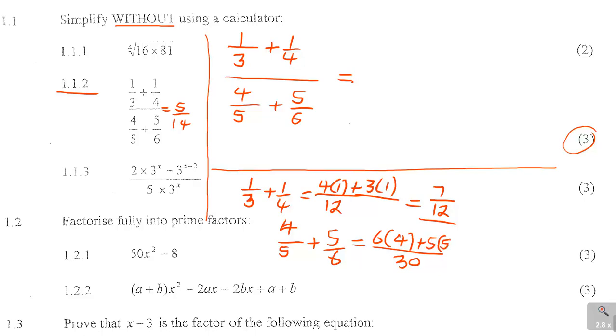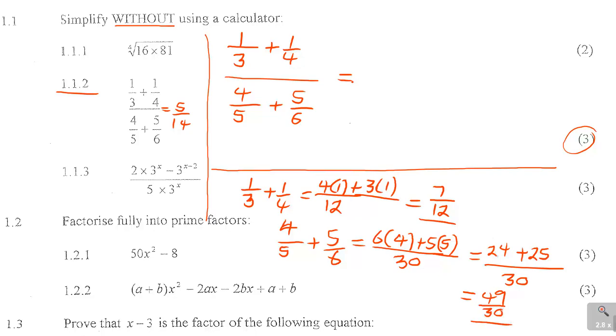You multiply by the top number, which is 5, and then equal to 6 times 4, which is 24, plus 25, which is 5 times 5, over 30. You see, I'm trying to avoid the calculator as much as possible. 24 plus 25 is 49 over 30 in this case.